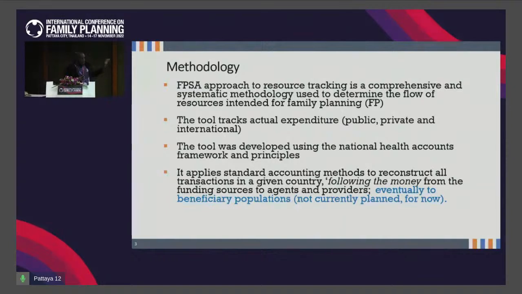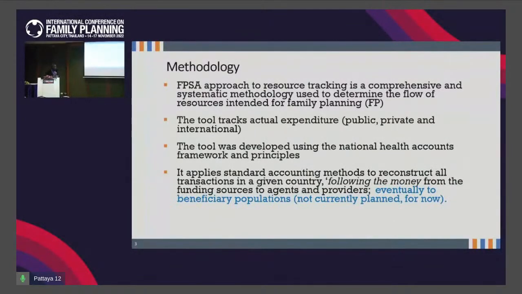So, borrowing from those two methodologies which are already being used, FPSA then applies standard accounting methods to reconstruct transactions in a given country through the approach of following the money from the funding sources to the agents to the providers. So we say that we reconstruct all the transactions.